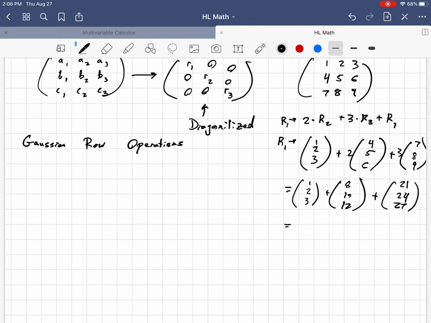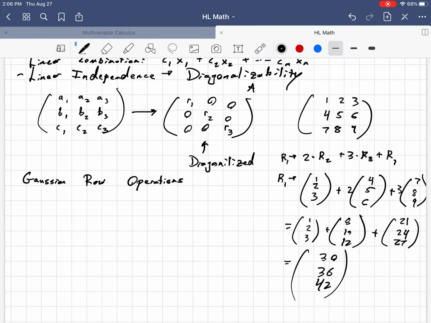Then you add up the corresponding numbers: 1 plus 8 plus 21 is 30, 2 plus 10 plus 24 is 36, and 3 plus 12 plus 27 is 42. And so that would be what row 1 would be replaced by.